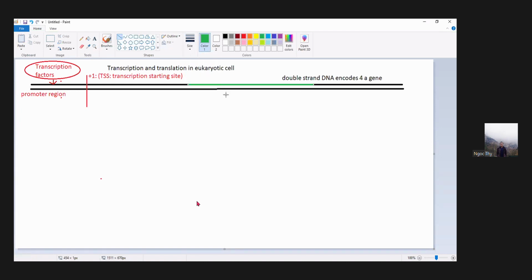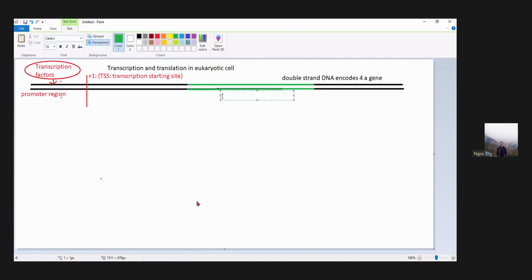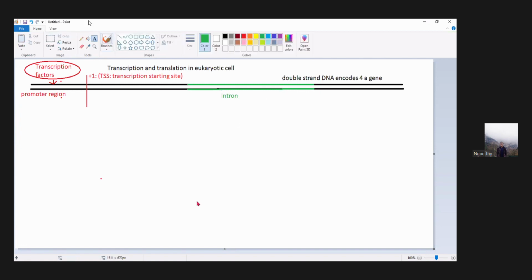Here is an intron. So the transcription factor binds in the promoter region, slides until it reaches the position +1, and starts to synthesize the mRNA here.